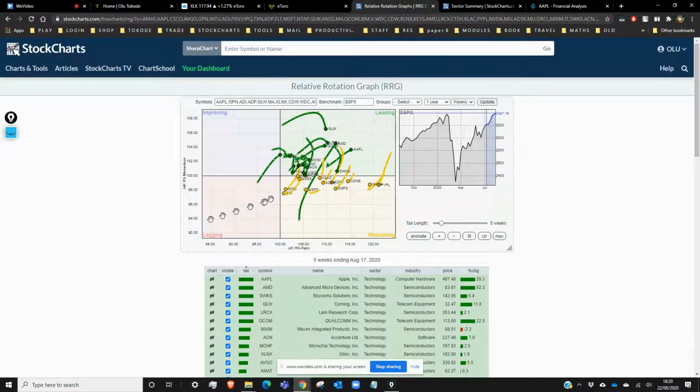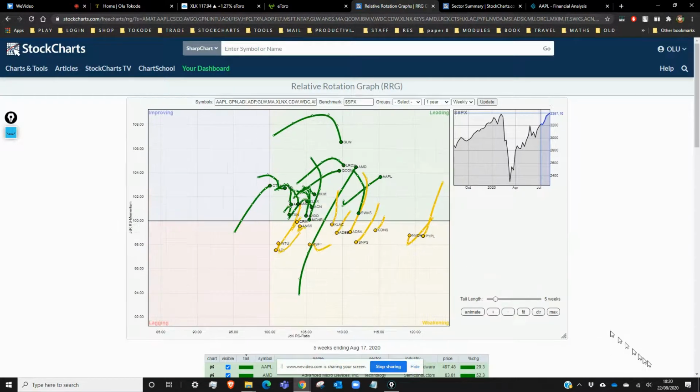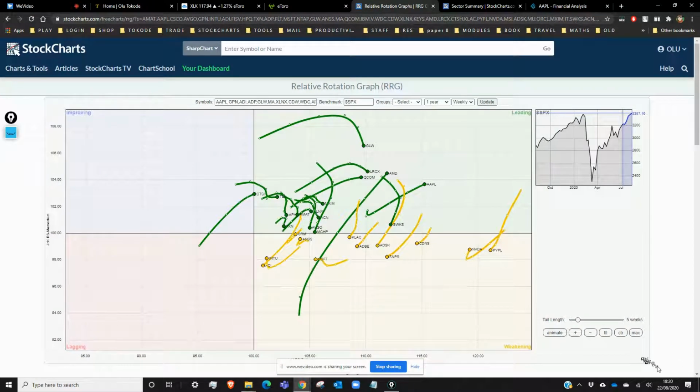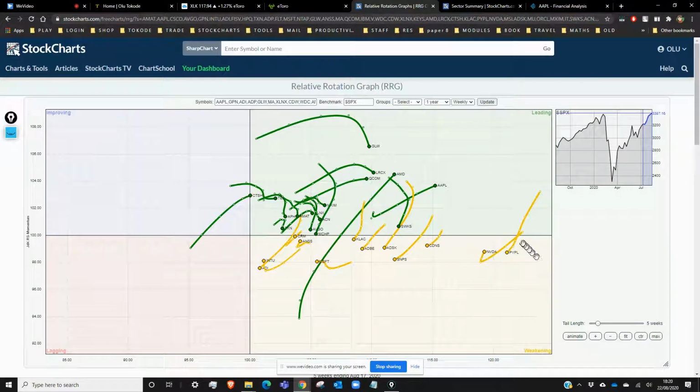What am I left with? Okay, it still looks the same. Still looks the same. So I've got PayPal, Nvidia. Keep those ones. These ones are all losing momentum.